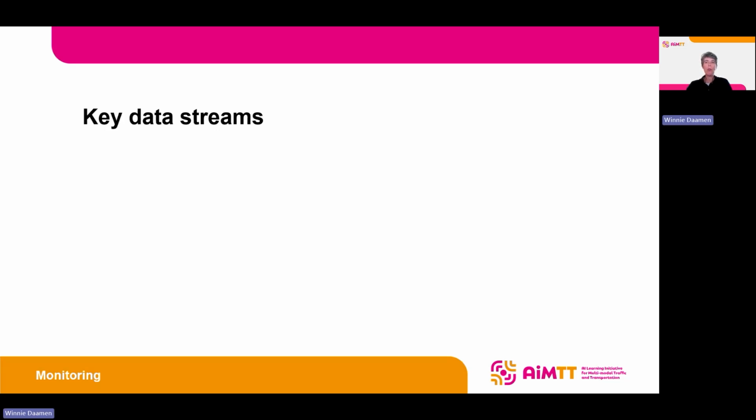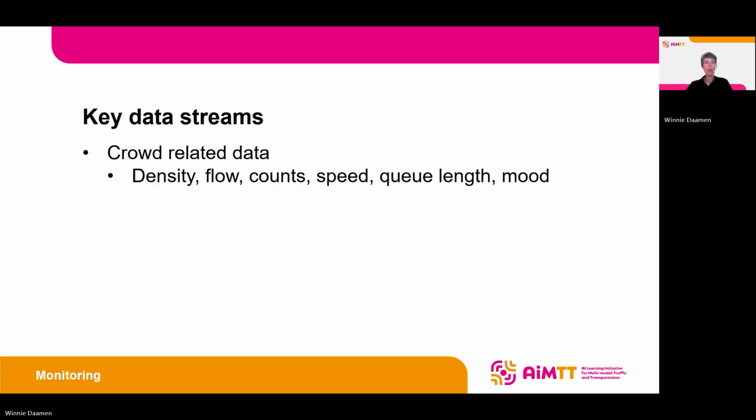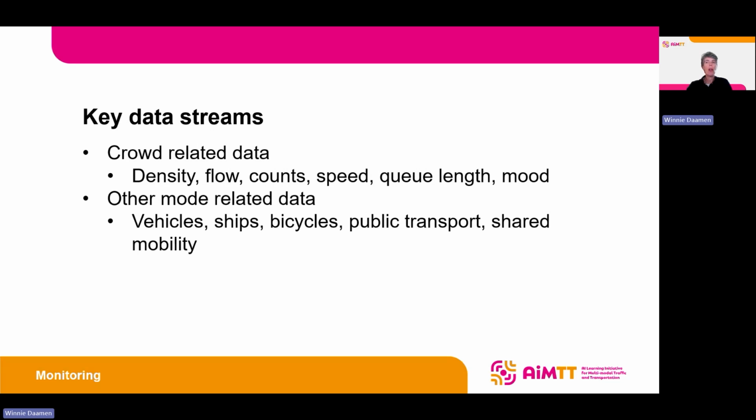Monitoring draws from several types of data. First, we have crowd-related data, showing us how people are moving and how they are experiencing the space. Examples of crowd-related data are density, flow, counts, speed, queue length, and even mood indicators. Then we have the data related to other modes.